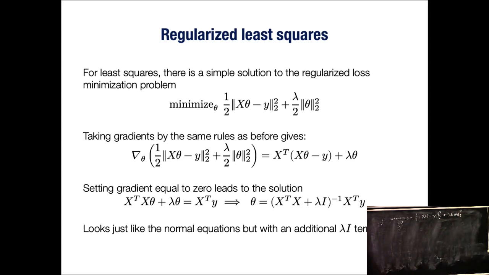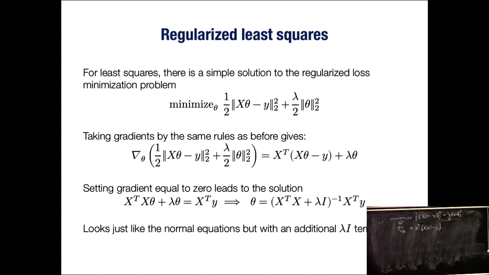And I can take gradients now. This one is the same as before. Remember, the gradient of our objective is x transpose times the thing inside the norm here, x theta minus y. This should be an over 2 here. This one actually is even easier.